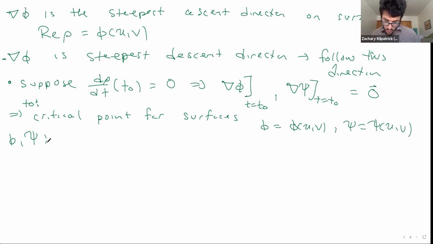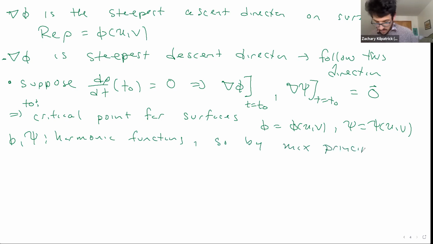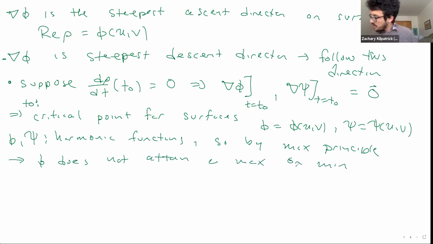Moreover, rho and psi are harmonic functions by the Cauchy-Riemann equations. So by the max principle, rho does not attain a max or min at t0.